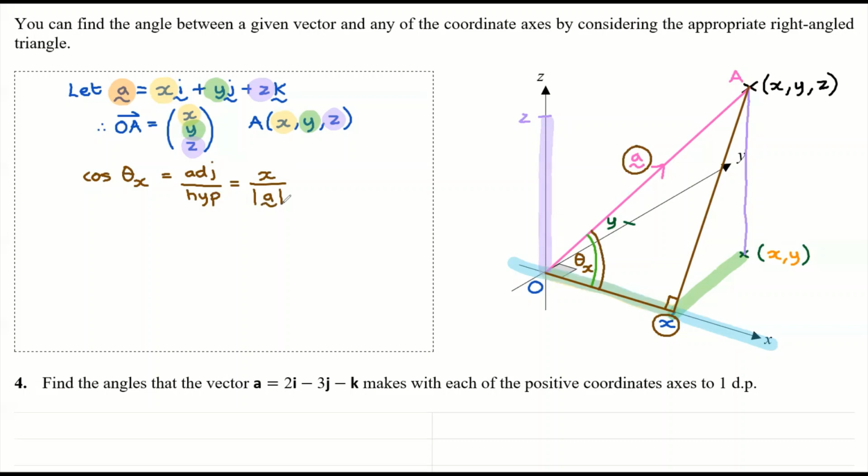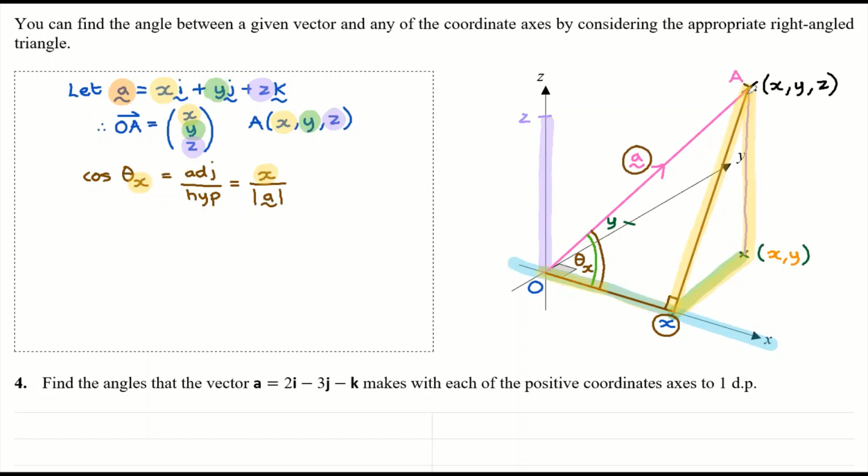Now I've chosen cosine here because you'll notice that there's a nice correspondence between having the x in the numerator and the x here. Now I could have used sine, but we would have had to do a little bit more work, because if I use sine, I would need to find this length here, but this is also the hypotenuse of this right angle triangle here. So it just makes it more complicated.